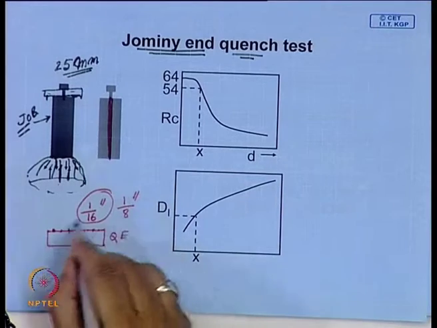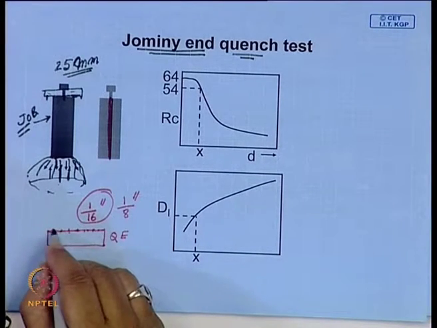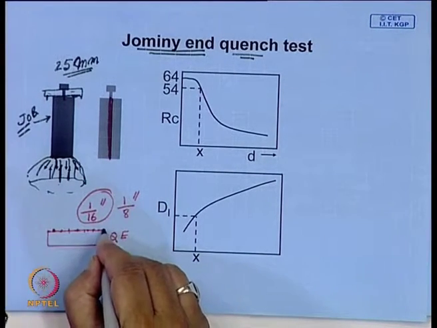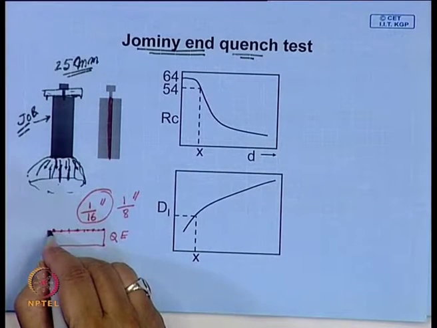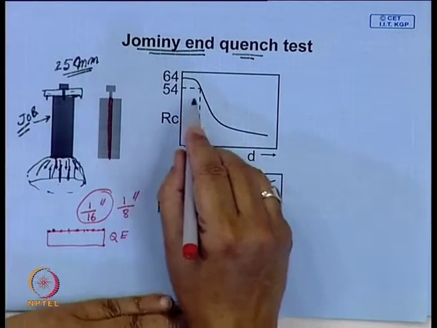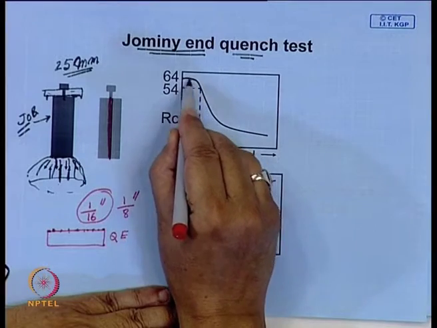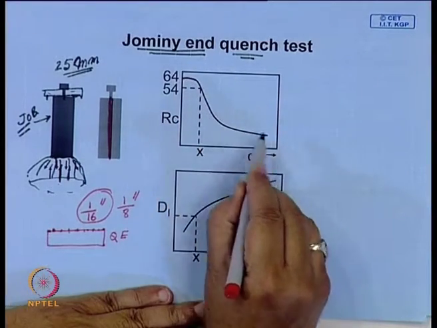You keep moving, and you get hardness from the quenched end to the other end, and then you make a plot. You will get a plot like this.